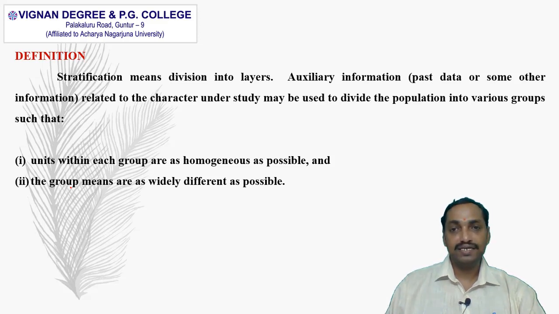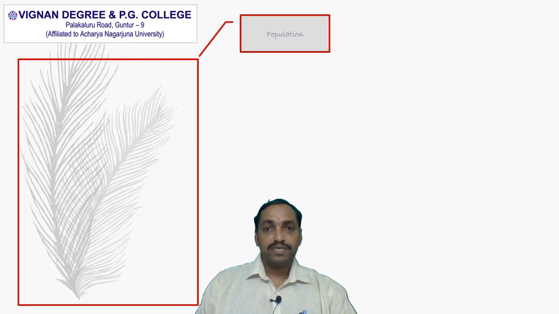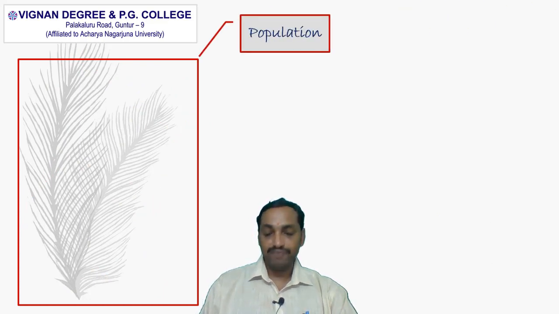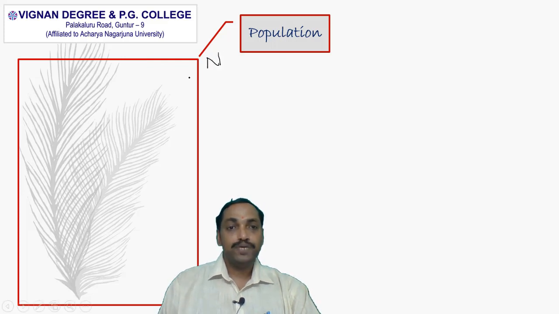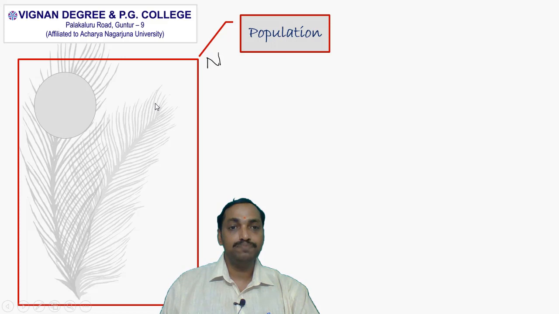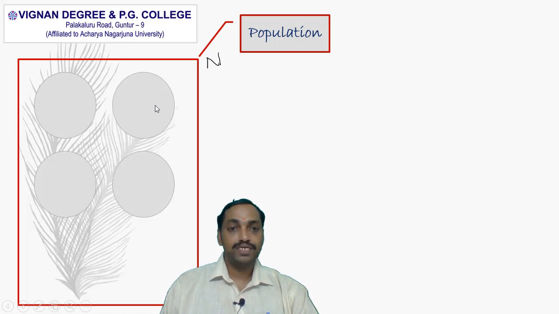So let us represent this in a diagrammatic way. In this slide I am considering a population denoted with a rectangle of size capital N, and this population is divided into several subgroups, and those subgroups are denoted by circles.